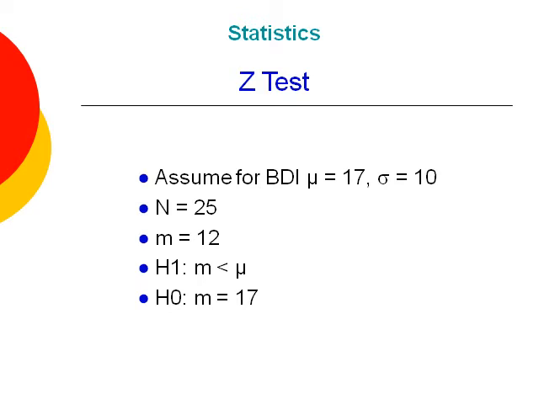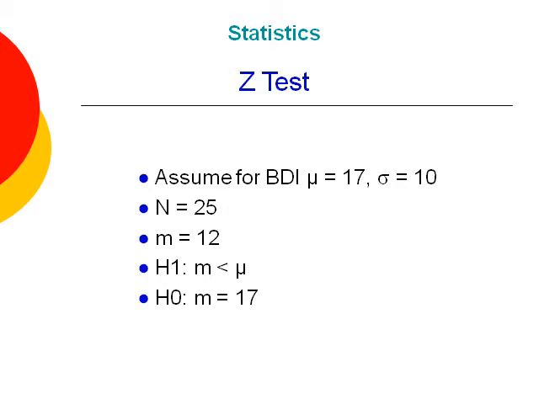Let's try to do this by modifying the example experiment I mentioned in our last slide. Let's say we knew the mean and the standard deviation of the Beck Depression Inventory in the population of depressed adults. For argument's sake, let's assume that the distribution of BDI scores in the population is normal, and the mean of the test is 17, with the standard deviation of the test equal to 10.